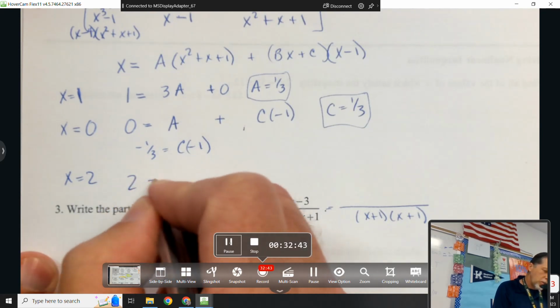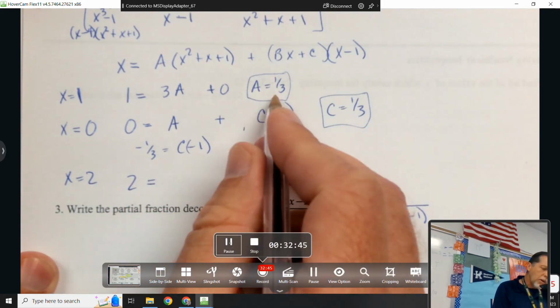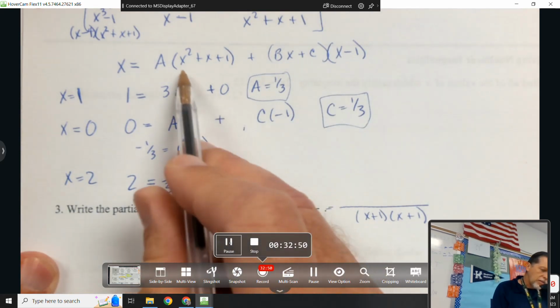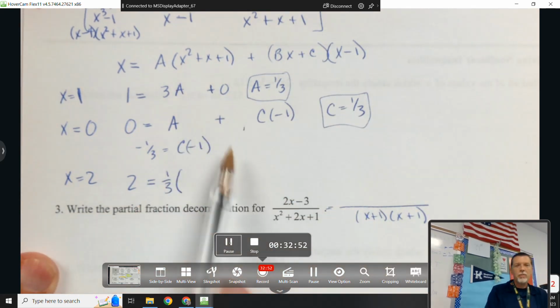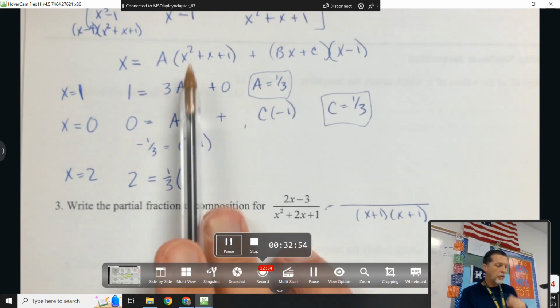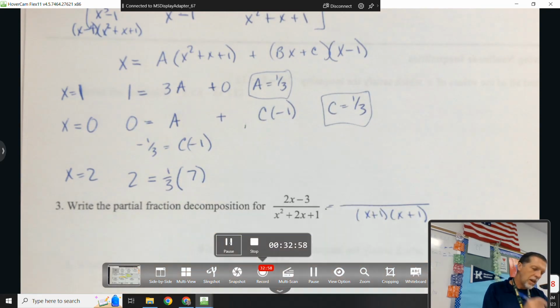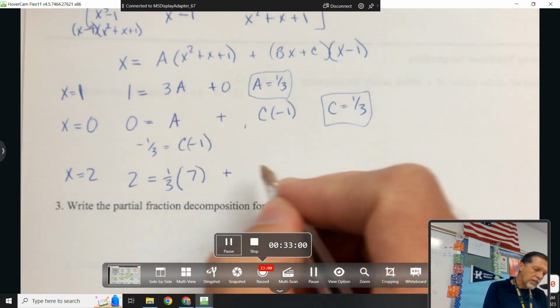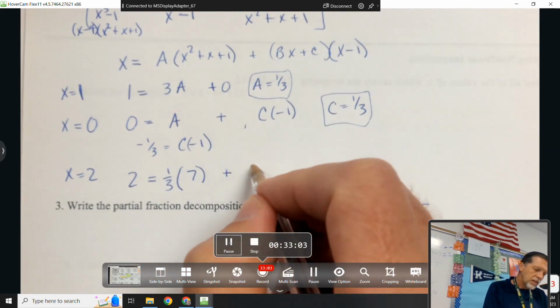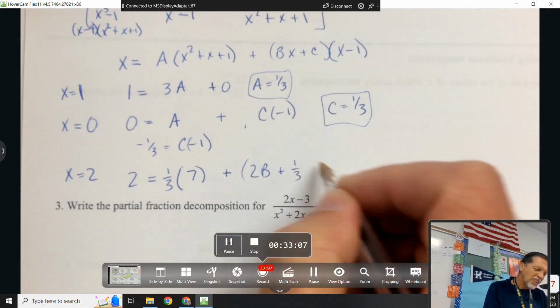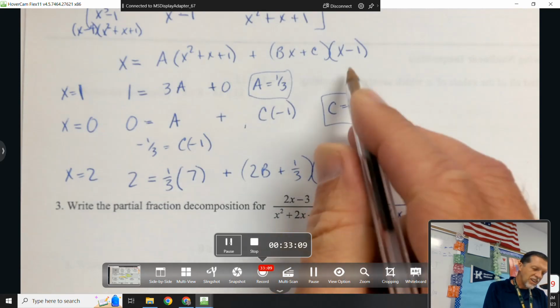So 2 equals, I'm going to go ahead and plug in 1/3 for a, because I'm going to need it. And then 4, this is me skipping steps because I'm short on space. 4 plus 2 plus 1 is 7, plus 2b plus 1/3, yuck, times 1.